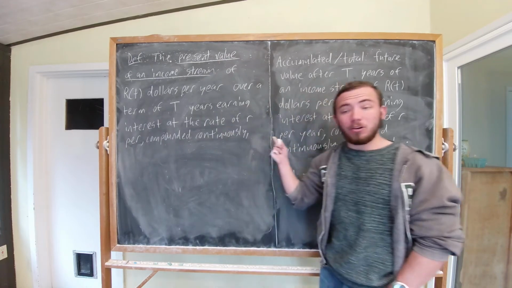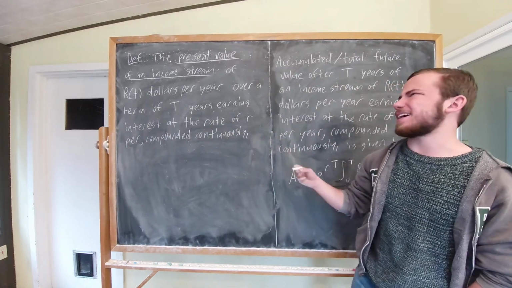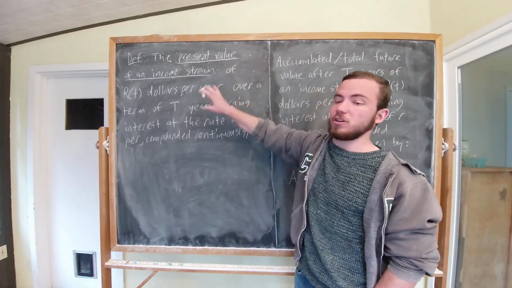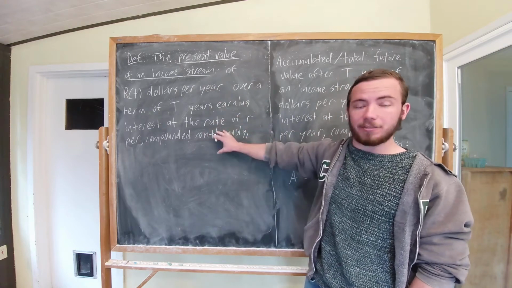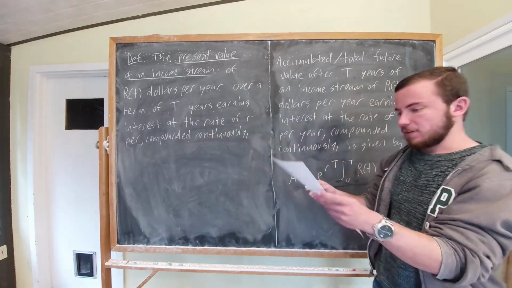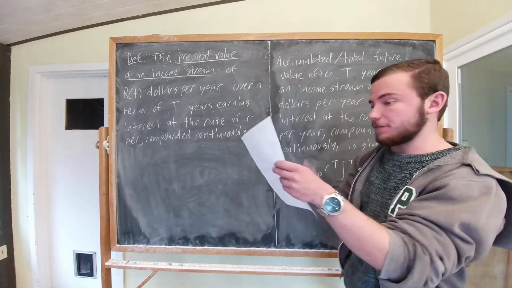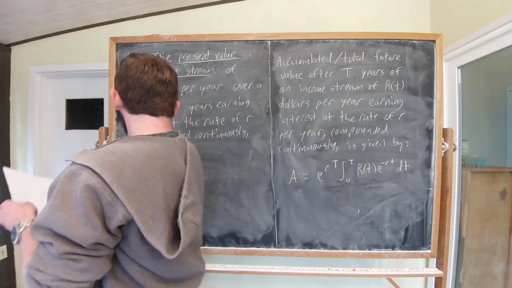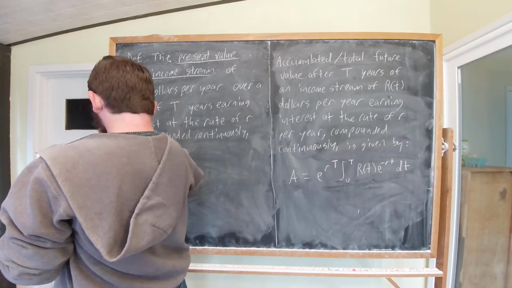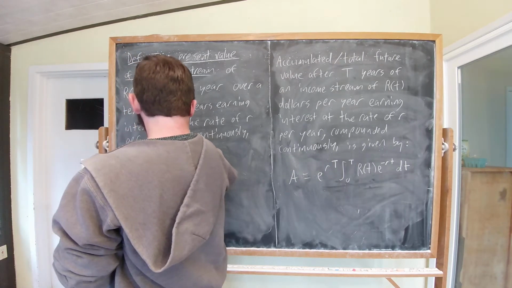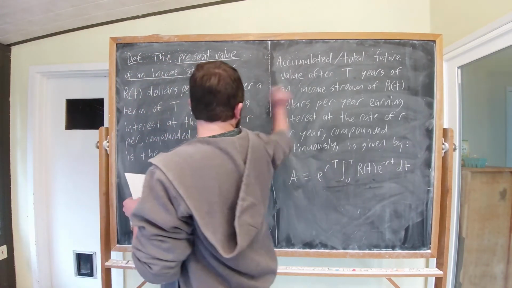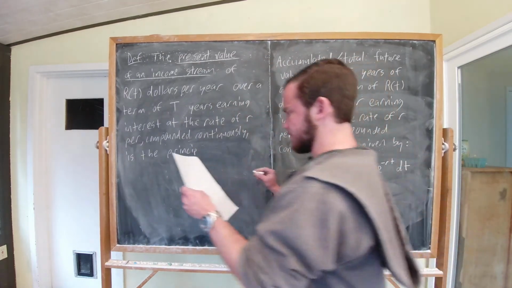So again, whole big long definition. All this is saying is, hey, you have the present value of this income stream. Here's the details about that income stream. And we've defined the present value of this income stream to be the principal P. So not quite the same idea as this whole thing, but similar formulas.